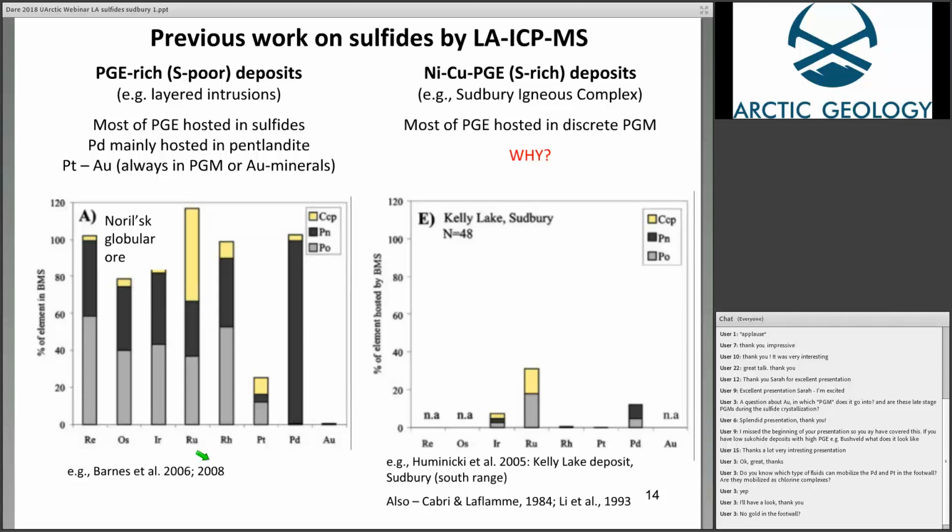Cliff asked if you have gold in footwalls. No gold in the footwall. They call them high PGE, but often gold is kind of grouped within the PGE. Probably. I wasn't specifically looking at those.